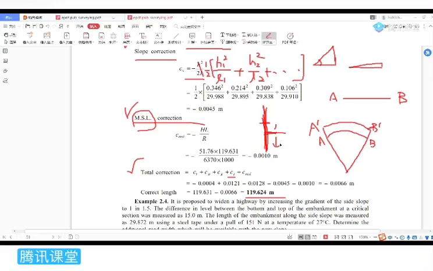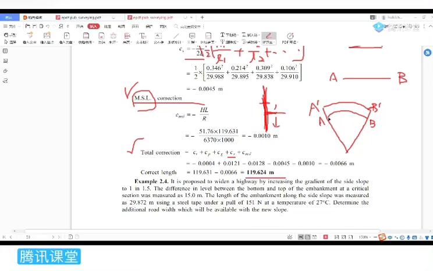Okay, so consider this one. Now we are going to measure the distance between A and B. Normally you don't measure AB directly because you are not going to stand on the sea surface to measure it. What you do is set up your tripod or your total station or your machine, and then you measure this.